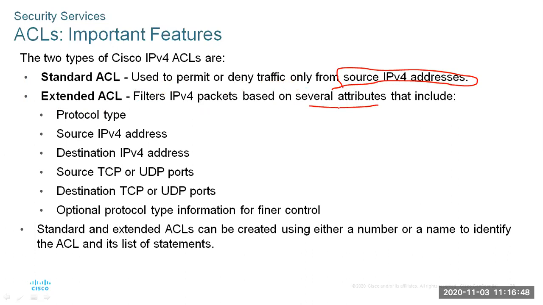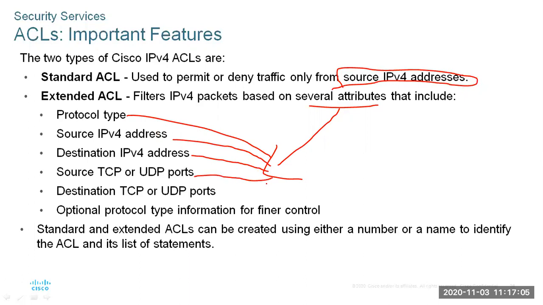When we say several attributes, we are talking about these items here. It can be based on protocol, on source IP version 4 address, or on destination IP version 4 address. It can be based on source TCP or UDP, and on destination TCP or UDP.